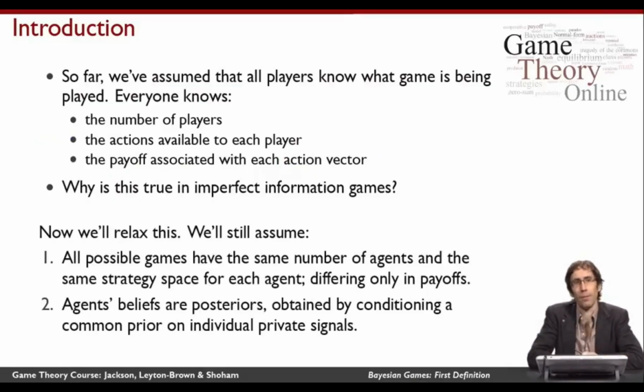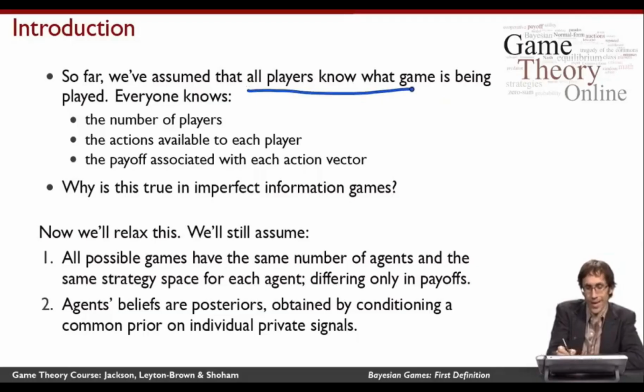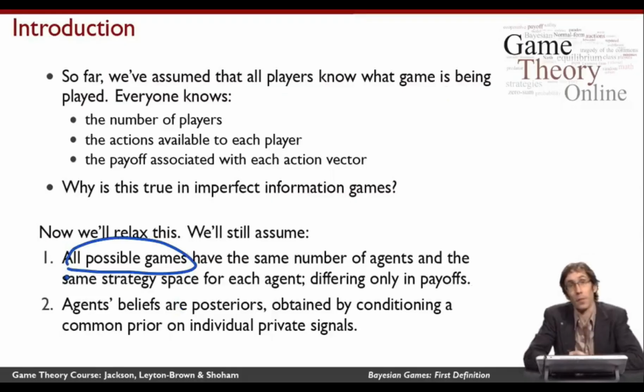Now we want to think about games where these assumptions aren't true anymore. So we are still going to make some new assumptions, so let me tell you about that. What we're relaxing is that all players know what game is being played. So we're now going to think about the idea that there's more than one possible game that the players can think about.